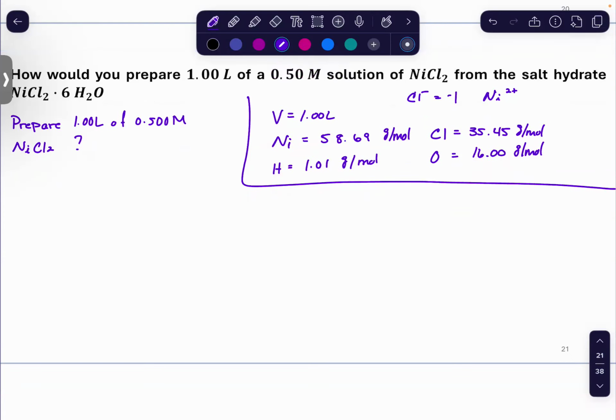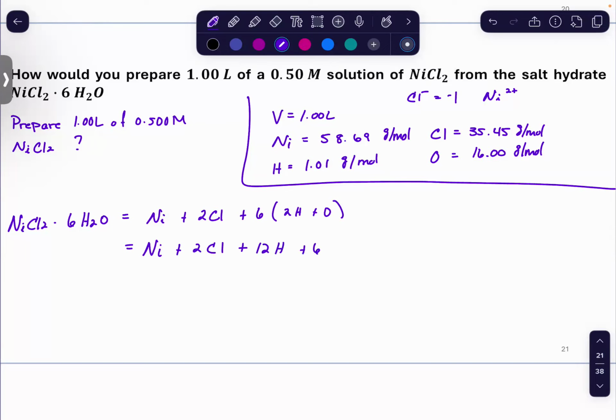So it's going to be nickel plus 2 chlorines plus 6 H2O, so it's 2 H's plus an O. It's going to be nickel plus 2 chlorines plus 12 hydrogens plus 6 oxygens.